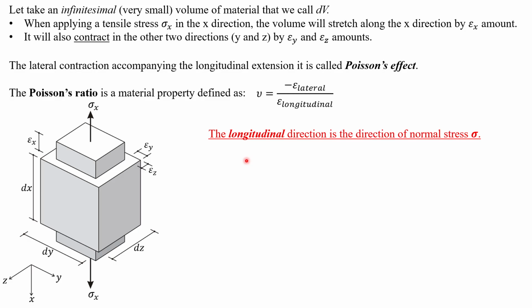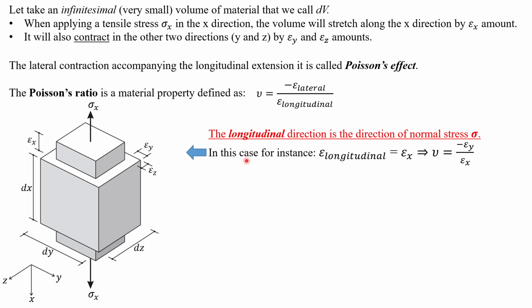Let's sink in. Let's try and figure it out. The longitudinal direction is the direction of the normal stress. Well, where is the stress at the moment? Think about where the stress is. In this case, for instance, strain longitudinal equals strain x.